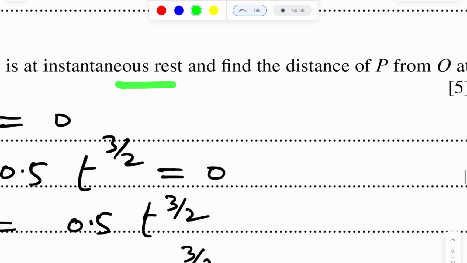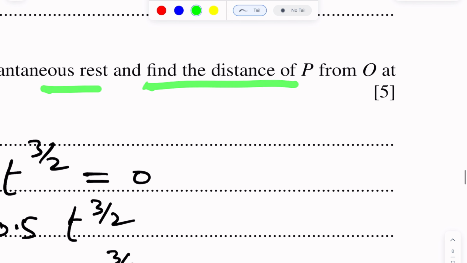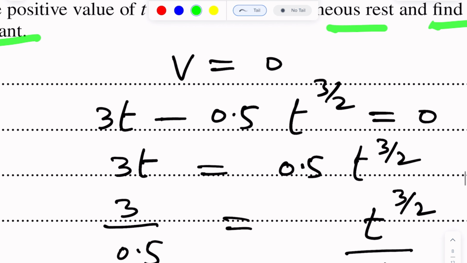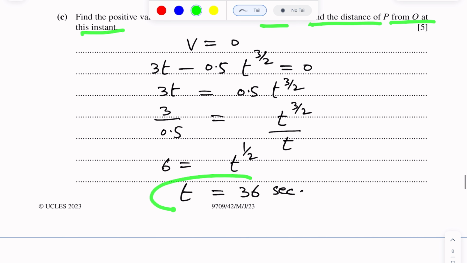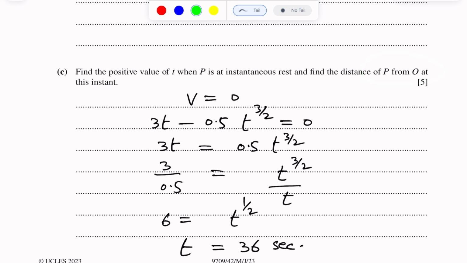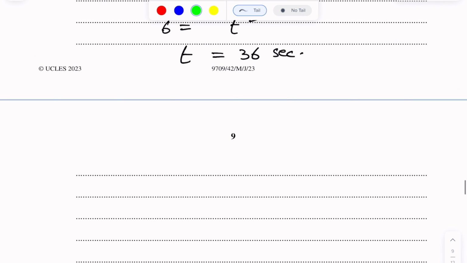And find the distance of P from O at this instant. This means that at this instant, at t is equal to 36, we have to find the distance of P from O. Now, to find the distance, we will integrate speed with respect to time.